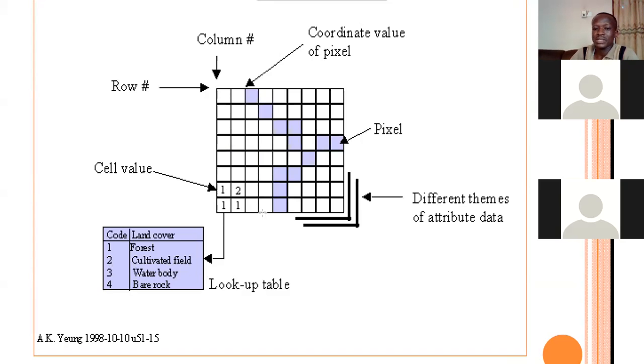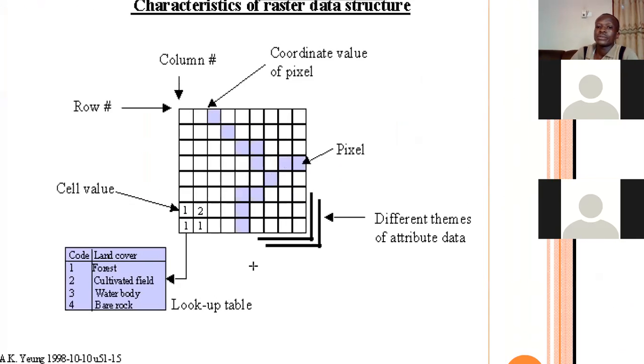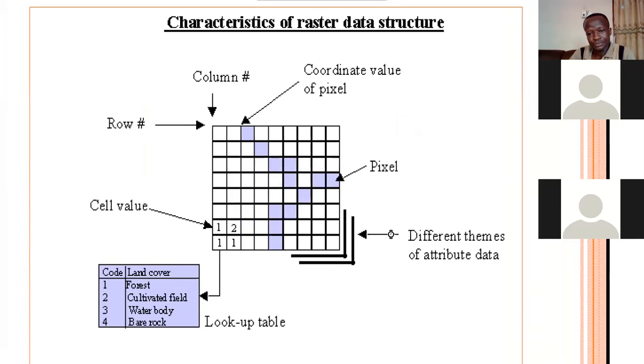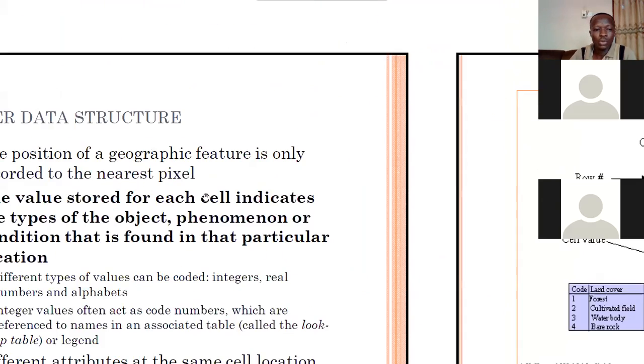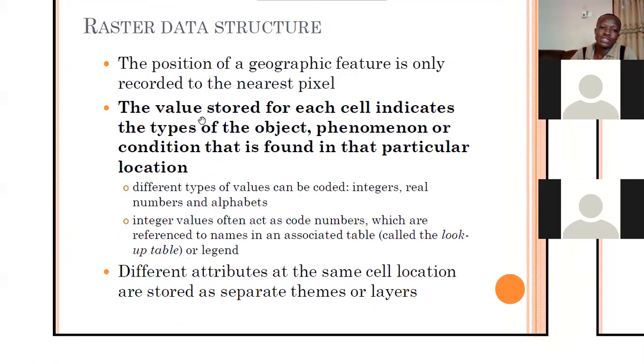So we can actually associate values with the imagery. So that is the raster data structure for you. The value stored for each cell indicates the type of object. I've already said it. So we decide to store certain values in the squares that represent what the object is. Are you okay? All right.